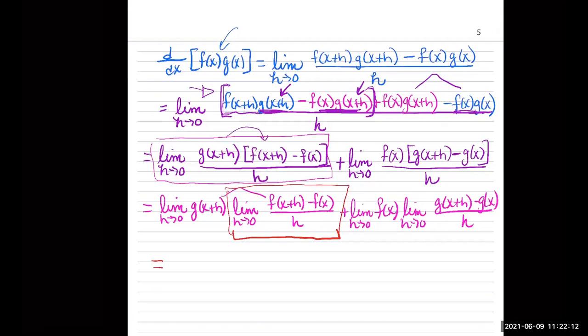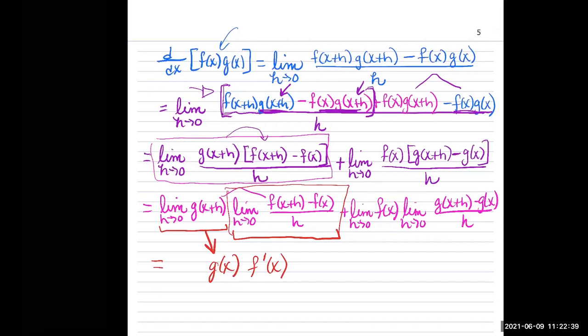I hope you recognize that. Yeah, that's the definition of the derivative of f with respect to x. Right? That is exactly what we mean when we write f prime of x. That's the derivative of f with respect to x. Notice here, if I take the limit as h approaches 0, if I plug in 0 for h, that's just g of x.